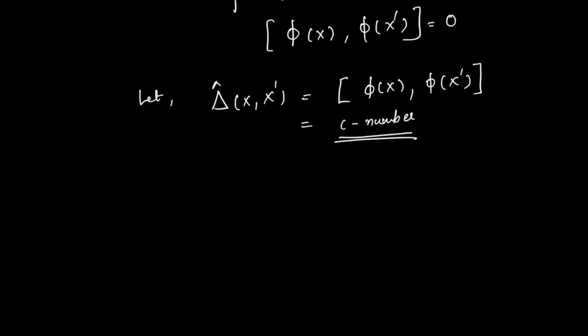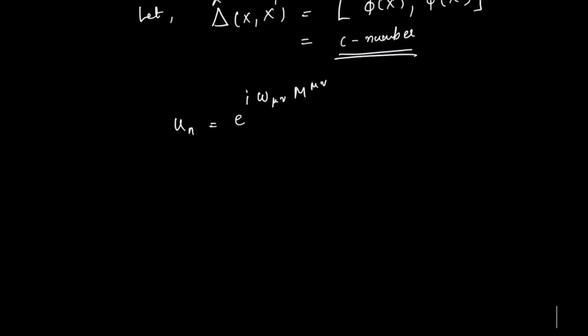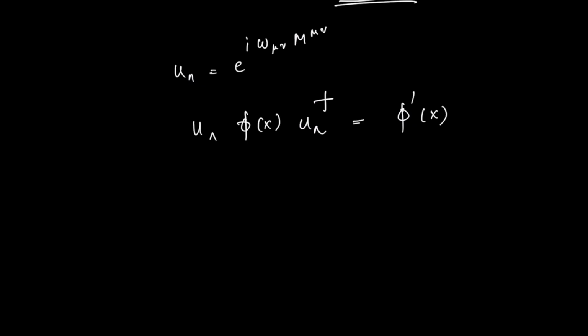Now the Lorentz transformation is defined by U lambda equal to e raised to i omega mu nu M mu nu, right? So by definition, if the Lorentz transformation acts on phi of x, then I get phi prime of x. But the Lorentz transformation actually acts on the space, therefore this is phi of lambda inverse x.